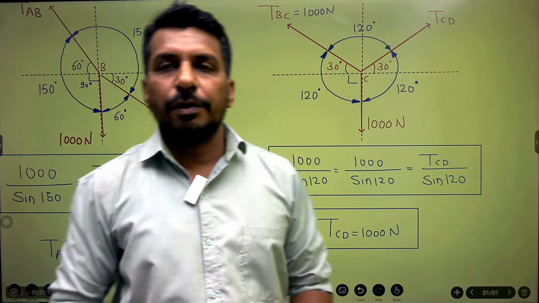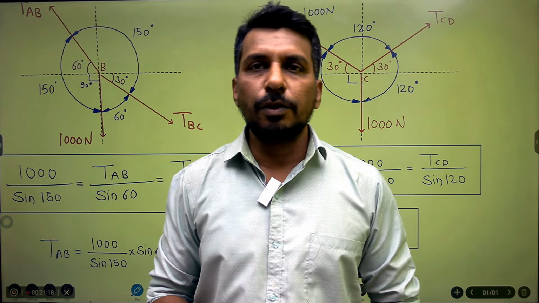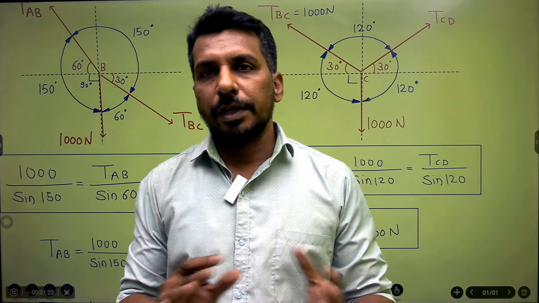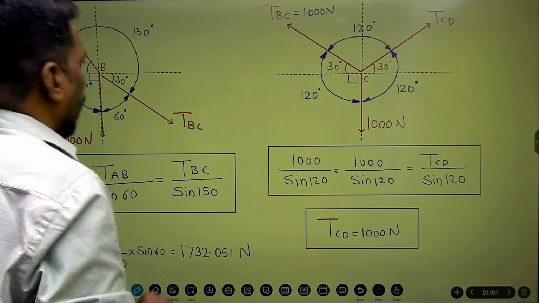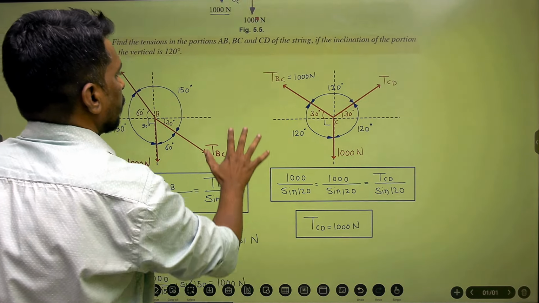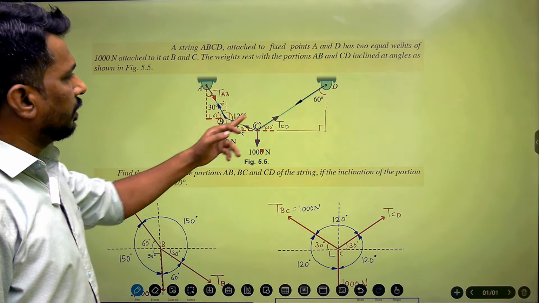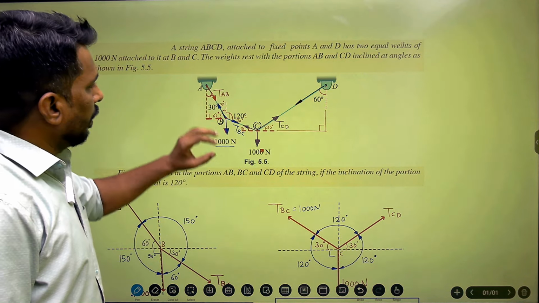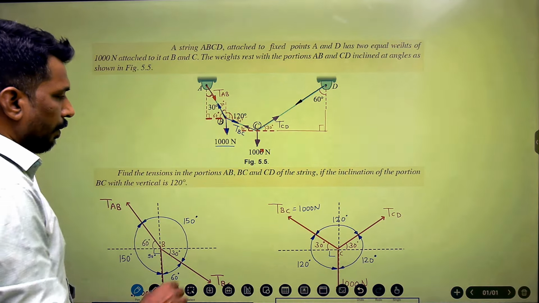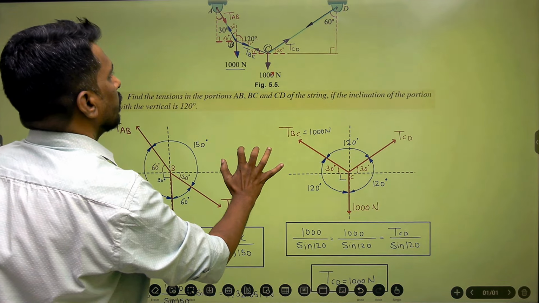Okay, so here we have calculated everything, and we got the answers for all the unknowns, or you can say the tensile forces present in the given cable system. I'll quickly revise what we have done in this solution. We started with understanding the question. There are three segments, AB, BC and CD. We showed how the forces are acting at each point and then completed the FBDs accordingly.